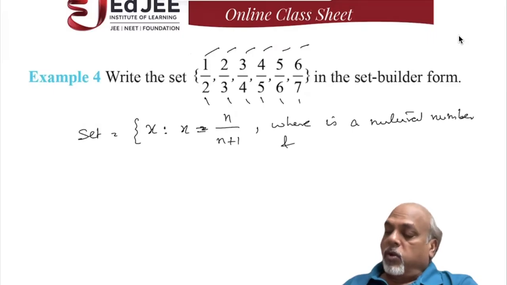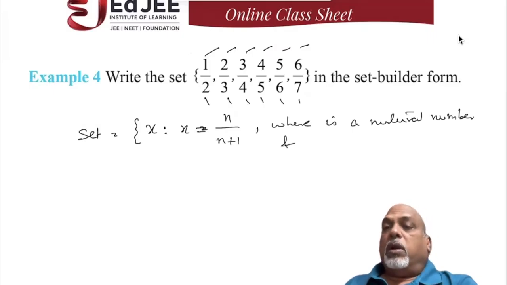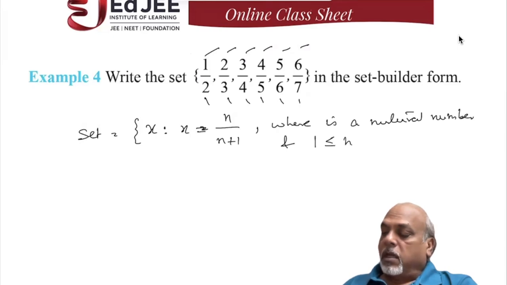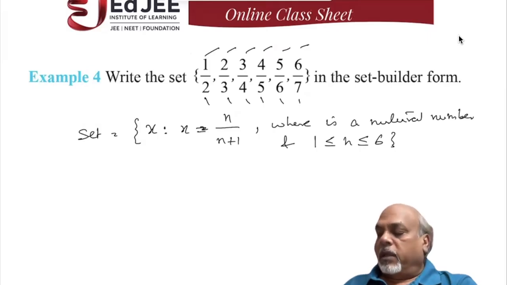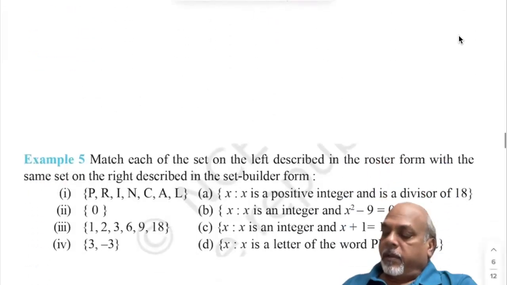Also one more thing: here no dot dot dot is there, that means it is a set with finite elements. Here it actually ends in the numerator at 6. That means we can write it as 1 is less than or equal to n is less than or equal to 6. You have to take care while writing things in the set builder form. Correct?